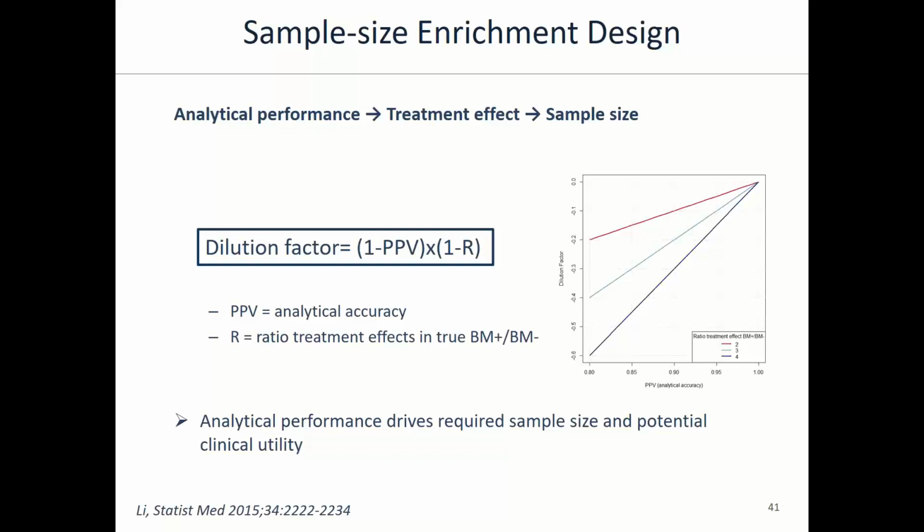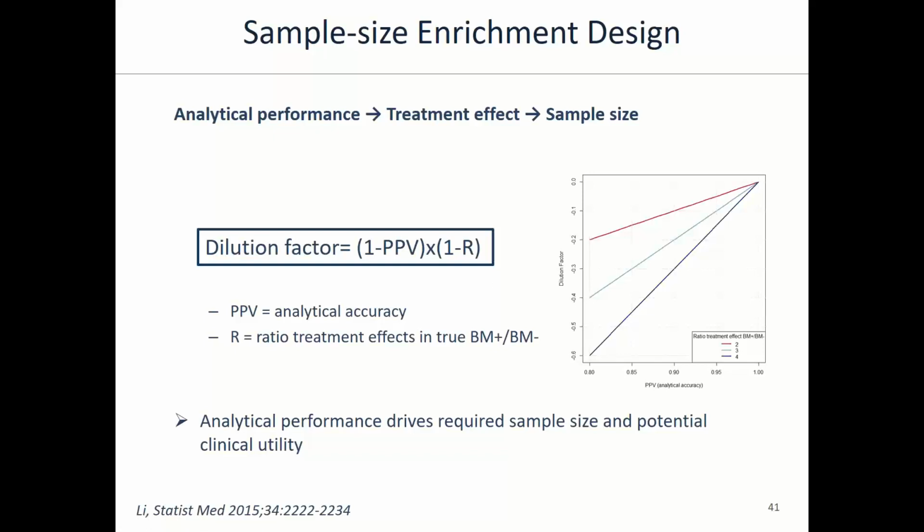And if your test is not 100% accurate, and no test will be 100% accurate, then you are diluting the treatment effect with patients who don't benefit, right? This dilution effect is based on two quantities, one being the ratio of the treatment effects in the true biomarker positive and negative.